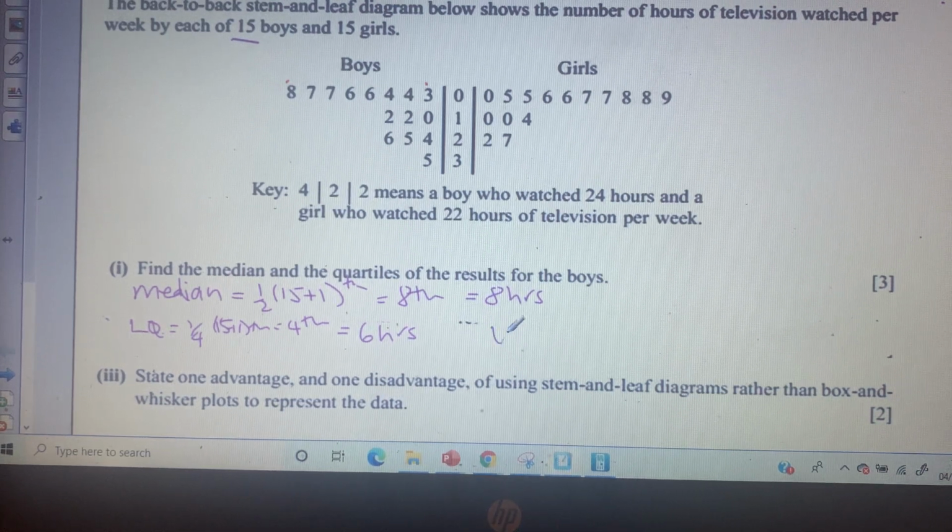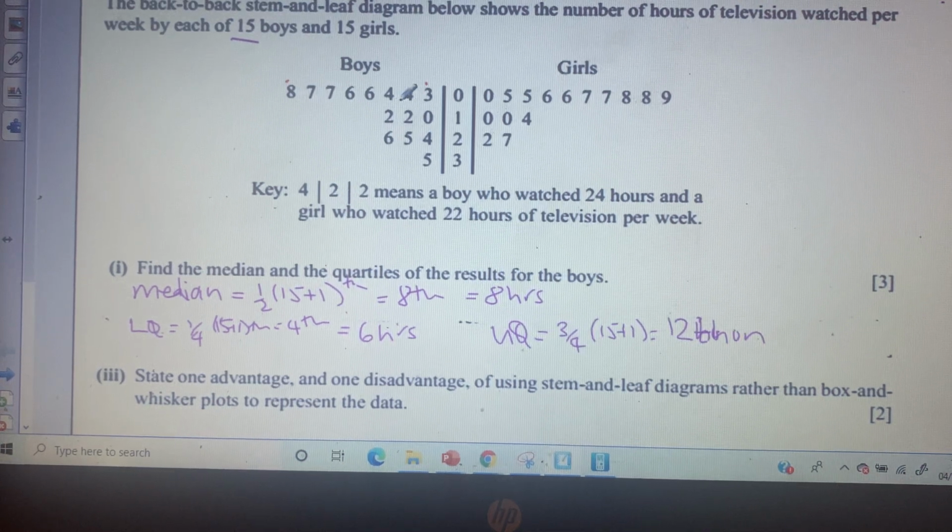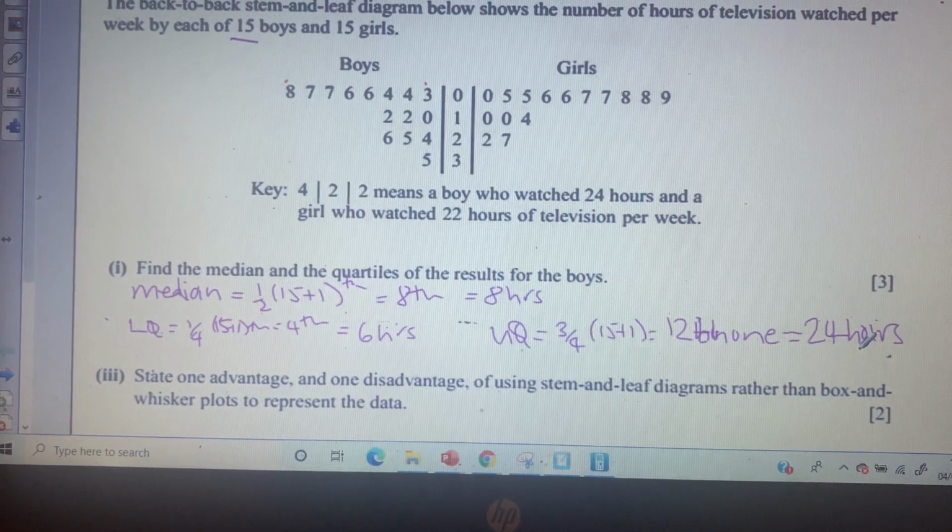And your upper quartile is going to be 3/4 of 15 plus 1, which is the 12th one, not 12 hours. 1, 2, 3, 4, 5, 6, 7, 8, 9, 10, 11, 12. It's 24 hours. It hasn't asked for the interquartile range, so you don't get any marks for it.